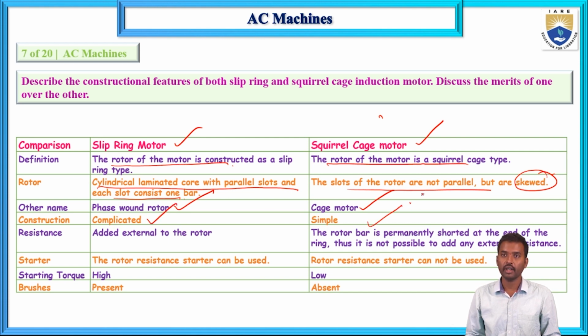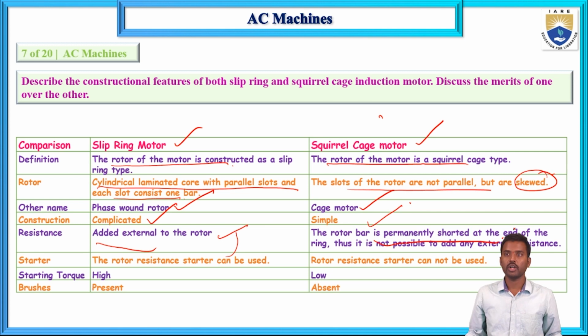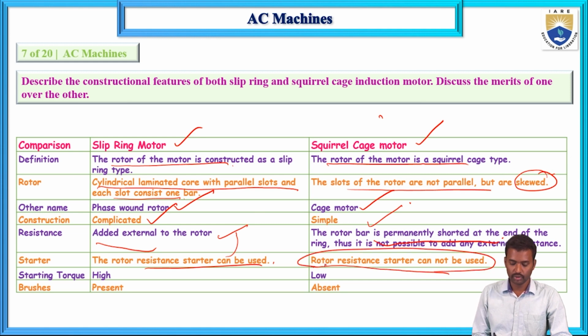The cage motor has a simple and rugged construction. In the slip ring motor, external resistance is added to the rotor. In the cage motor, the rotor bars are short circuited with end rings. A rotor resistance starter can be used in the slip ring motor but cannot be used in the cage motor.